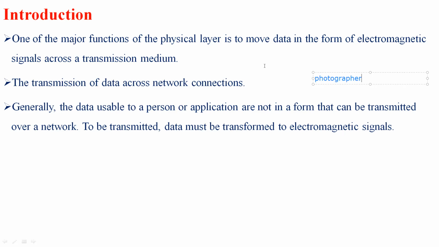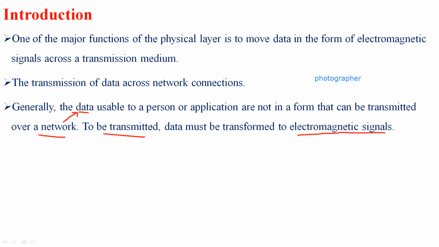The data which is used by a person or application is generally not in the form that can be transmitted over a network. In order to be transmitted, the data must be converted into an electromagnetic signal. The network is not able to recognize the data as raw material.